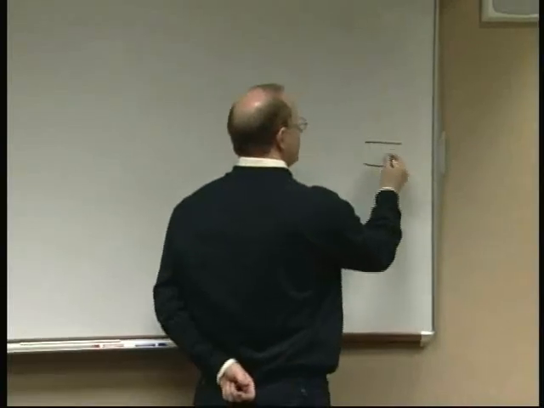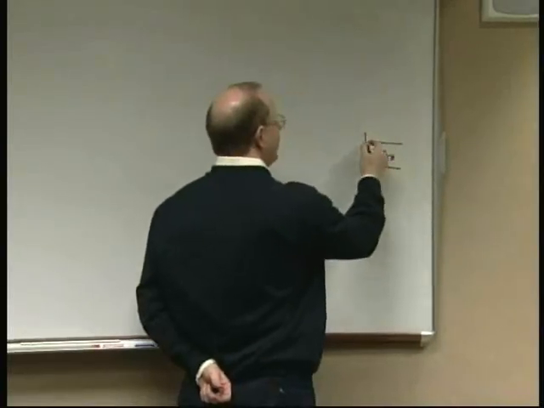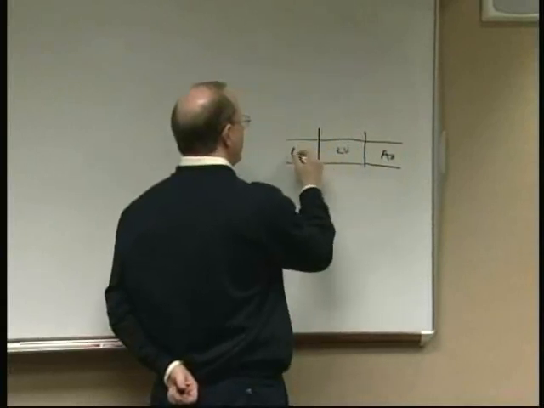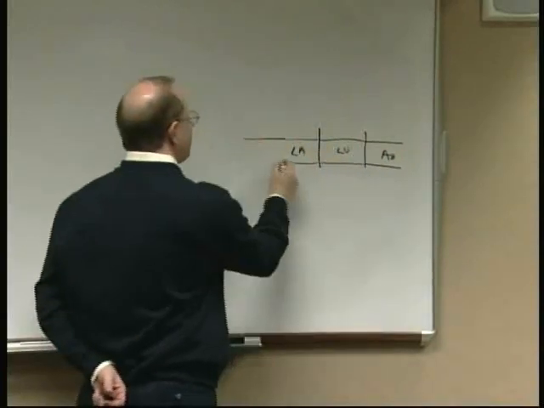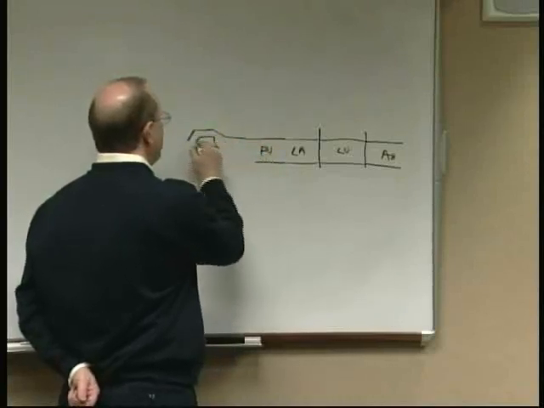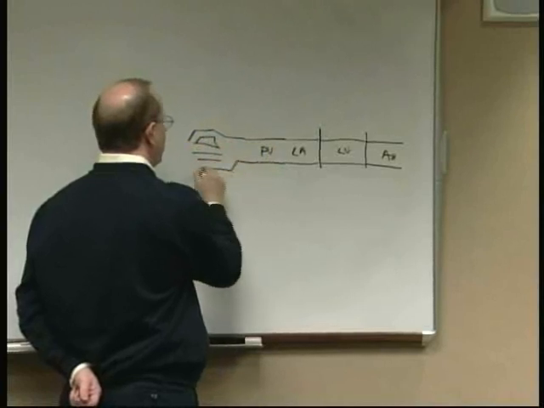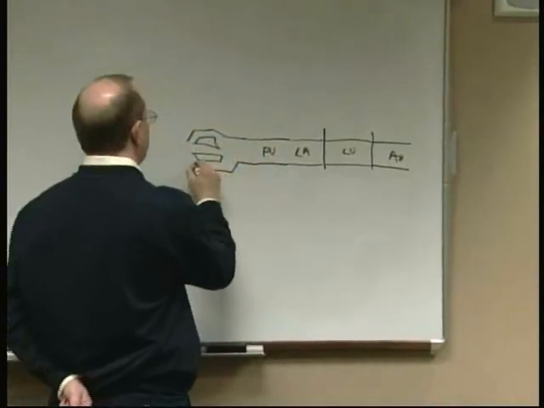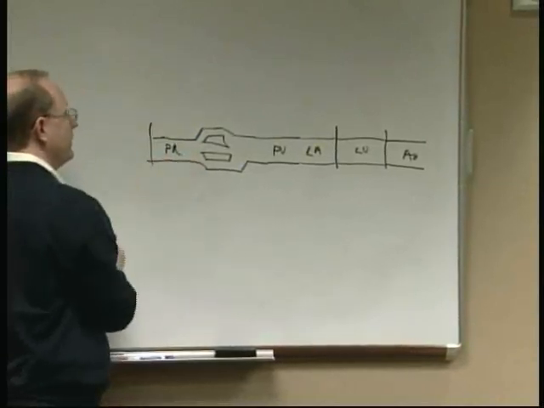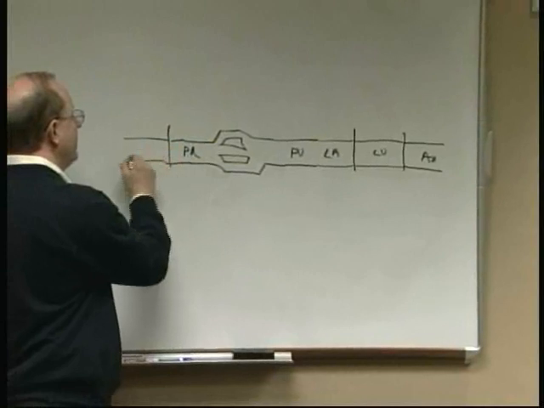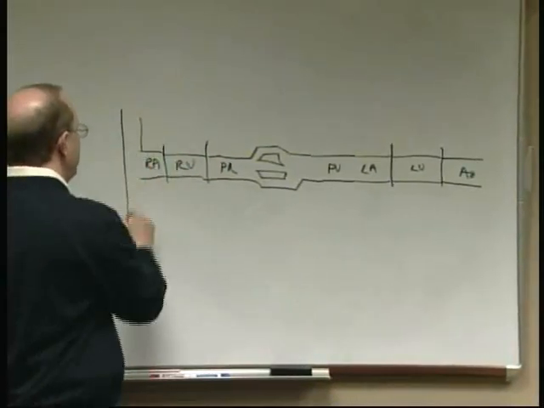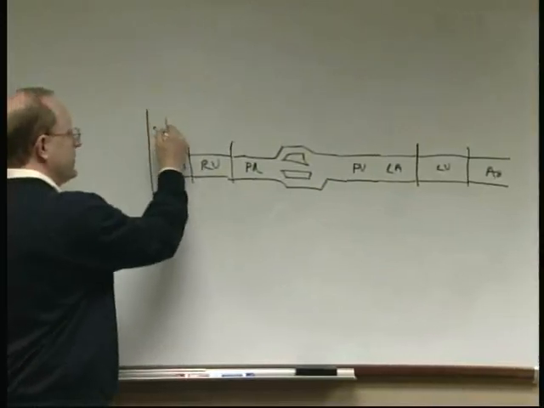Okay, we have the aorta, we have aortic valve, we have a left ventricle, mitral valve, a left atrium, pulmonary vein, pulmonary capillaries, pulmonary artery, pulmonic valve, right ventricle, tricuspid valve, right atrium, IVC, SVC, right?